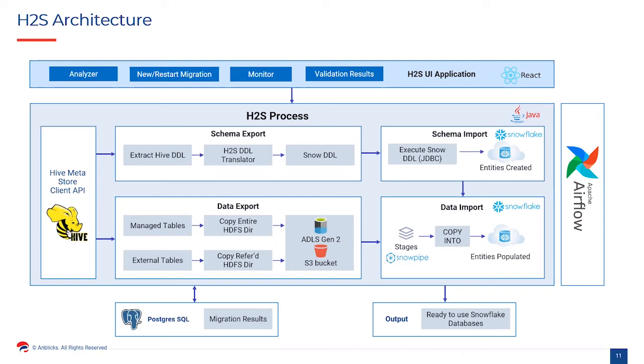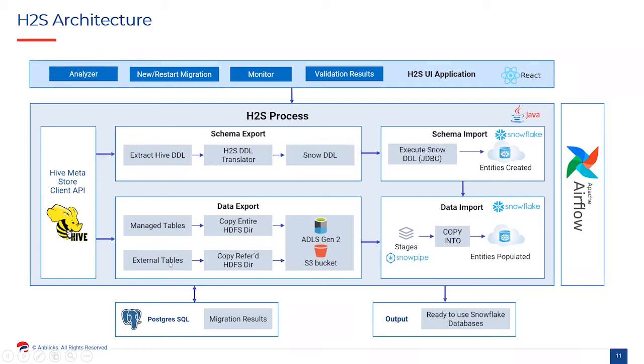It could be an AWS S3 bucket or an ADLS Gen 2 container. As you can see, it handles managed tables and external tables differently. For managed tables, it simply goes and picks the entire Hive warehouse data lake from Hadoop and copies it to your staging area, one of these two, either Gen 2 or an S3 bucket.